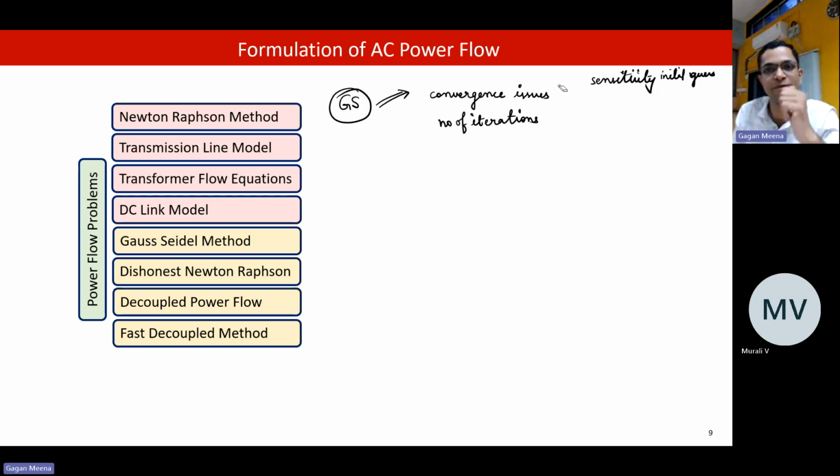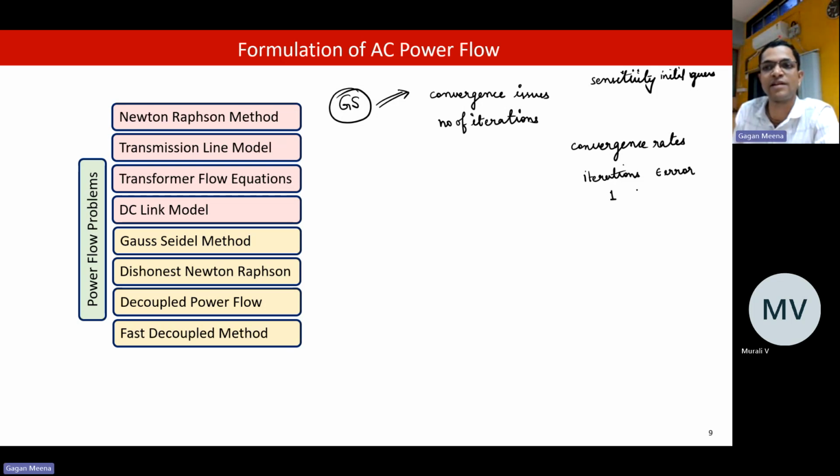So that's the problem. For a big system, its convergence is also slow. So we have different types of convergence rates. Let's say we have iterations here, and this is the error.